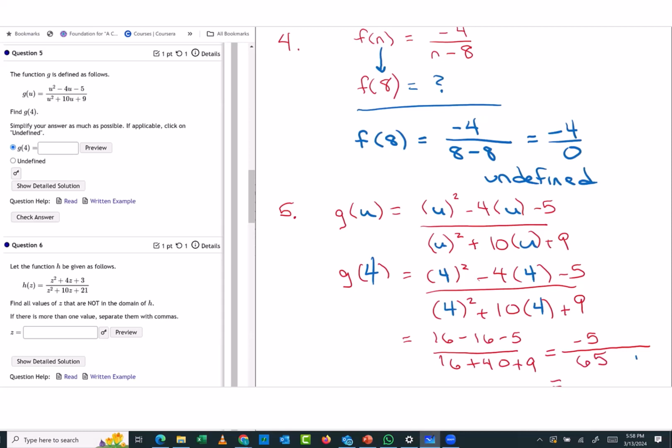And I simplify by dividing the numerator and denominator by 5, and I get -1 over 13. Yes.